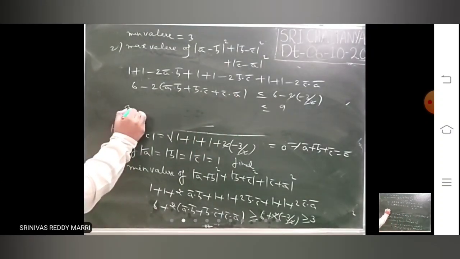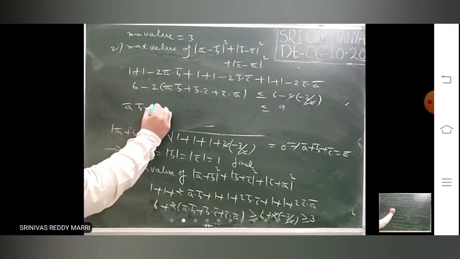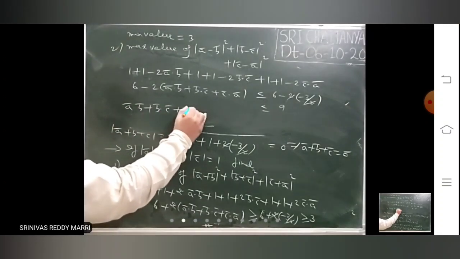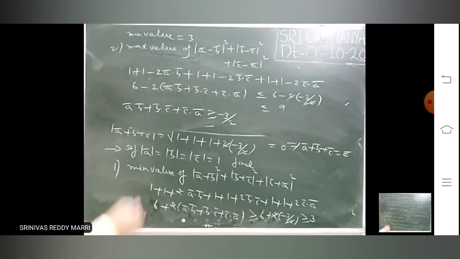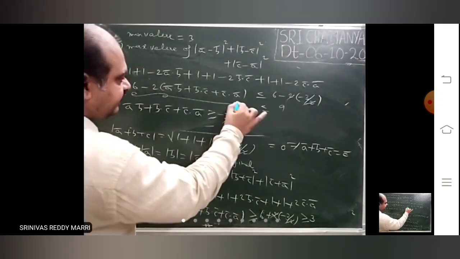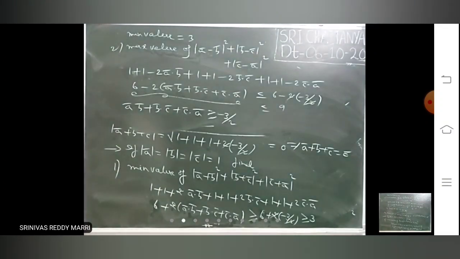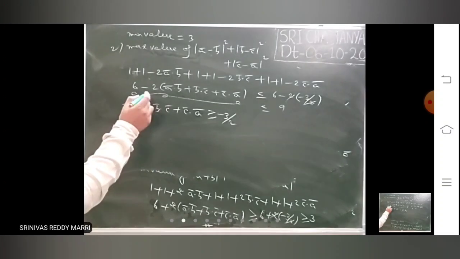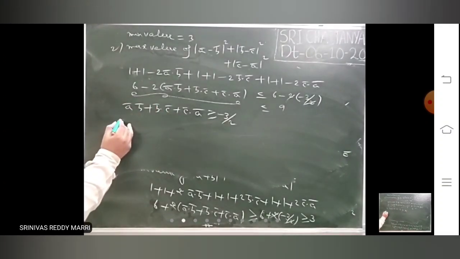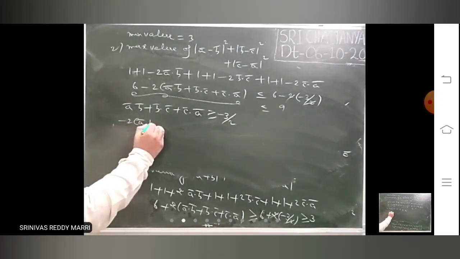Right? Look at, I will do it in one more method. A bar, do you know that? One more method I will do. You will get clarity. Greater than or equal to −3/2 actually. You have to find the maximum value of this. Now what I am doing is, I am multiplying with −2 on both sides.